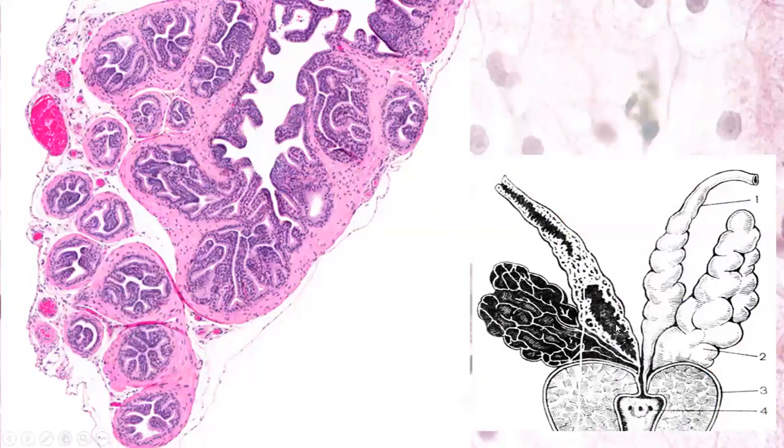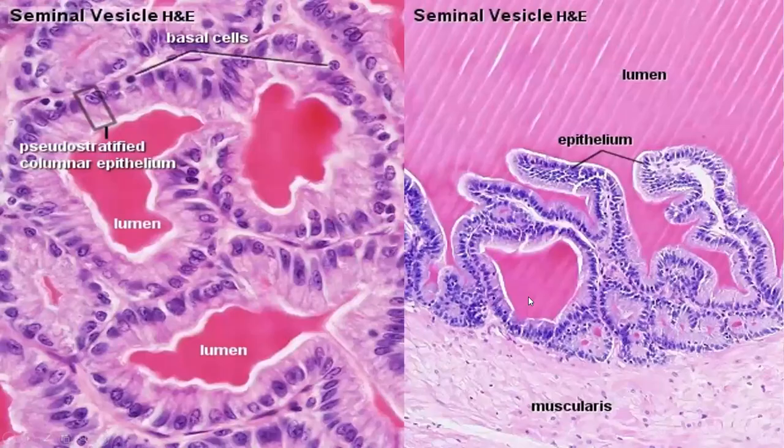Histological structure of the seminal vesicles: they are hollow organs, and they are alike the vas deferens. So they have adventitia, muscularis and mucosa, and the lining of the mucosa is either simple columnar or simple pseudostratified epithelium, and this epithelium is secretory epithelium which forms this fluid.